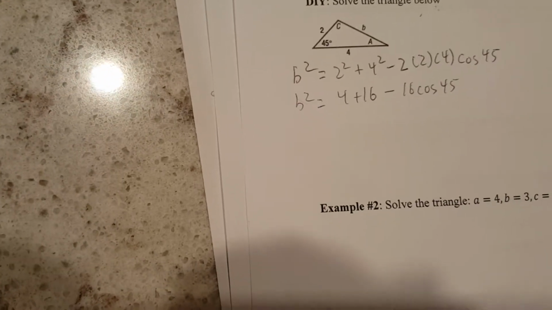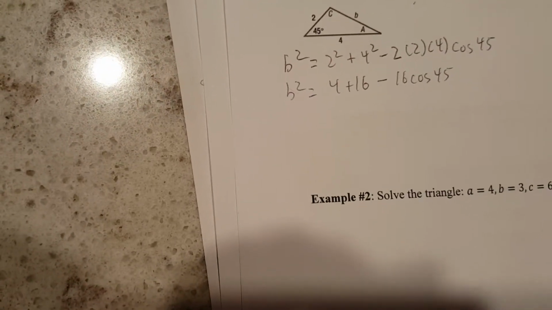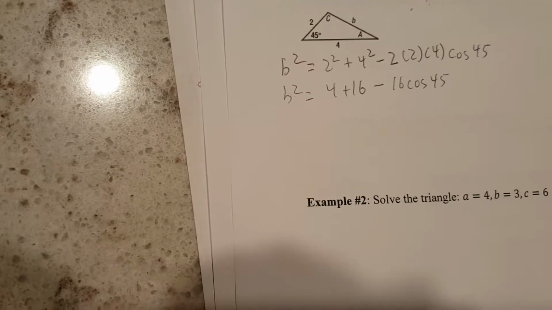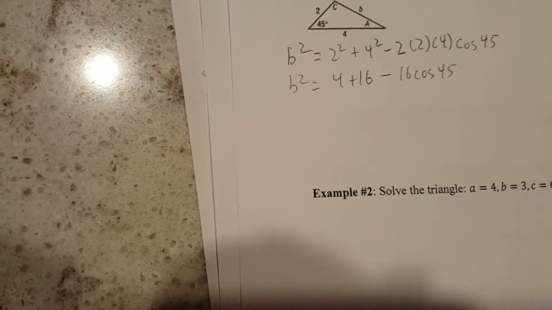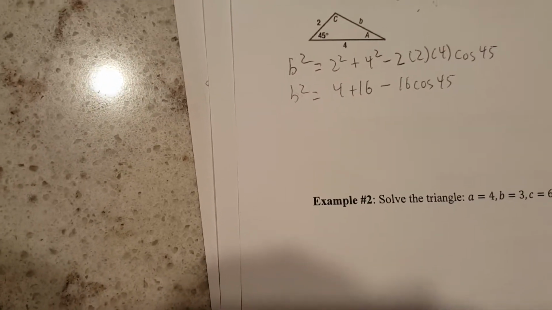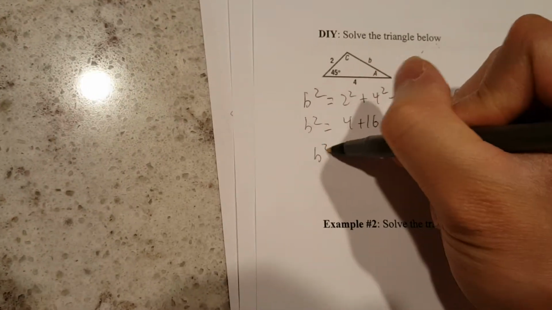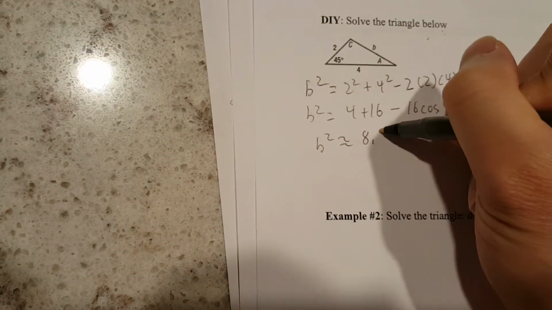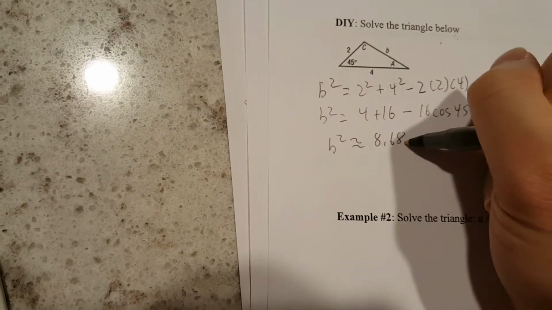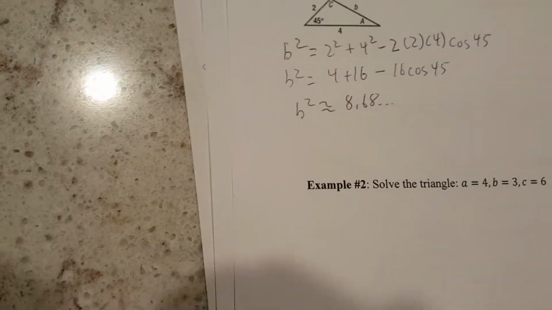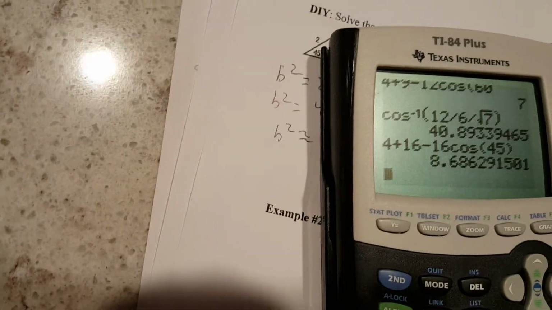And so let's go ahead and do this. 4 plus 16 minus 16 cosine 45 gives me B squared is around 8.68 and change. So here's what I do on my calculator.